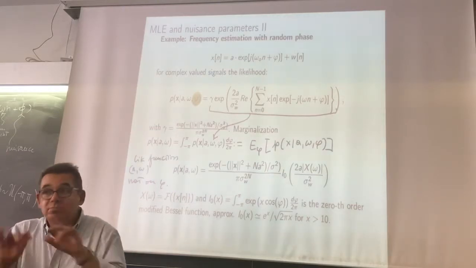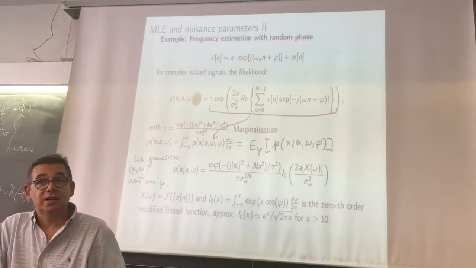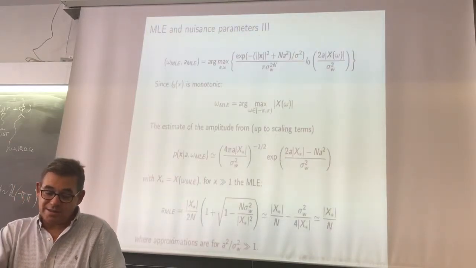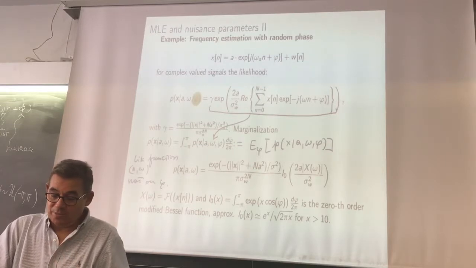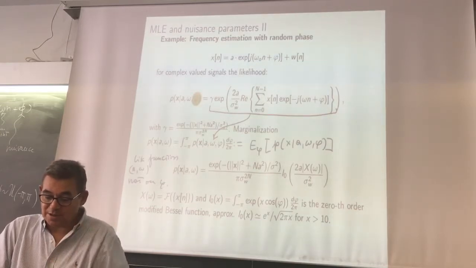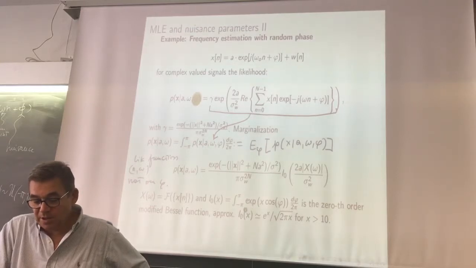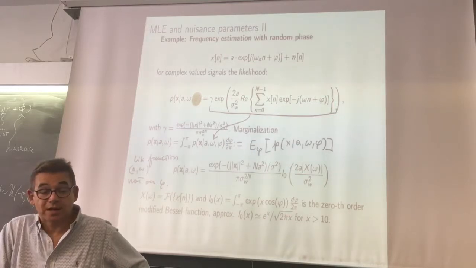Bessel function, you get it. Okay, then it can be done. Now let's look a little bit, let's gain some insight about that. So the Bessel function, when the argument is very big, is approximated as an exponential, then it's scaled by the square root of x.